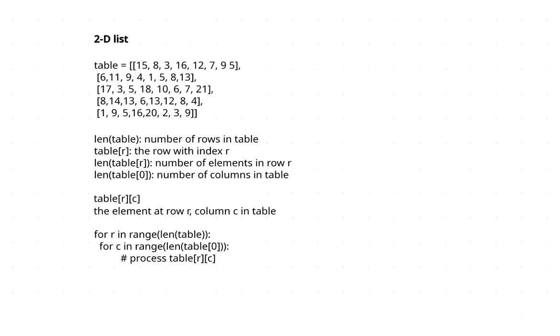You have to change the whole line, which is for R in range length table, because R and length table have to stick together, and C and length table 0 have to stick together. This is pretty easy to understand because length table indicates the number of rows, and length table 0 indicates the number of columns. So these two have to stick together, but you can swap the whole outer loop with the whole inner loop.